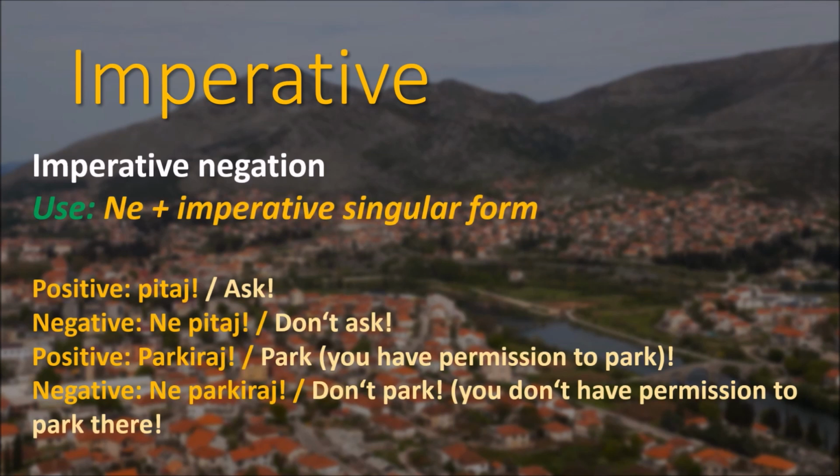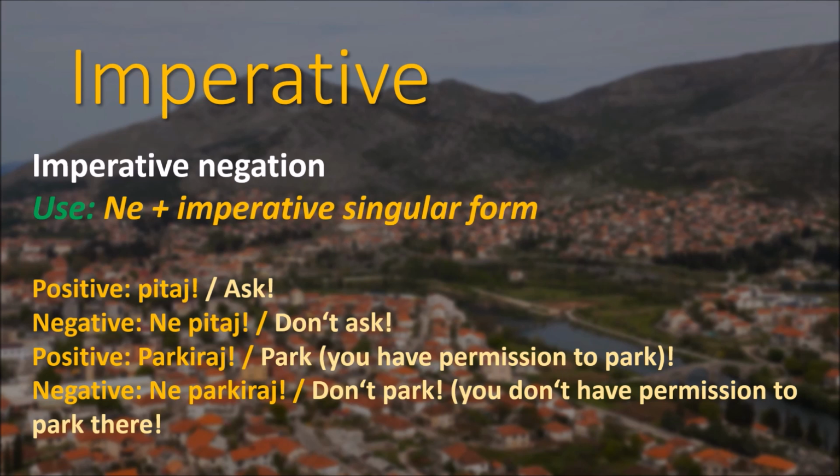Negation in imperative is very simple, if you ask me. To form a negative imperative, you're just going to use "ne" in front of your singular imperative form. You can also use it in a plural form, but usually we use it in the singular.